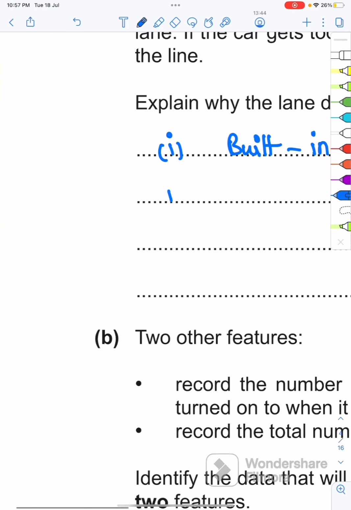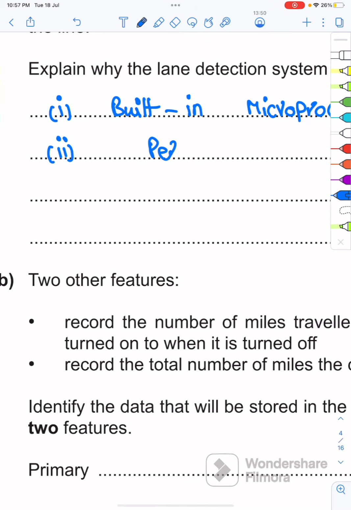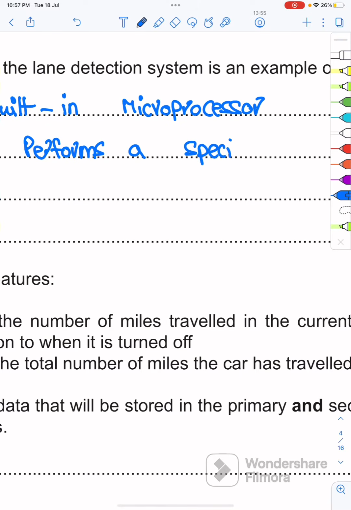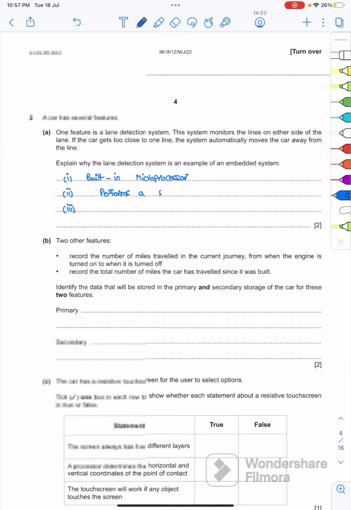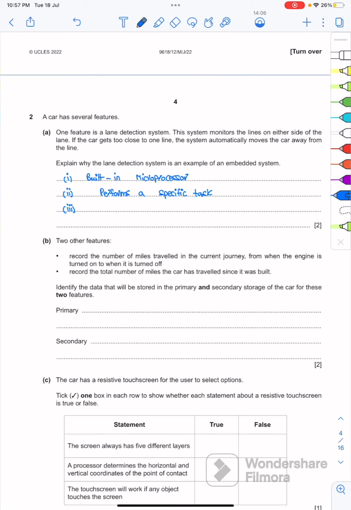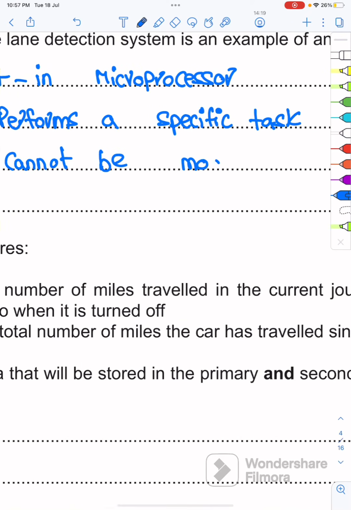Secondly, it performs a specific task. And the third one that you can mention as to why it is an embedded system is that it cannot be modified or updated.